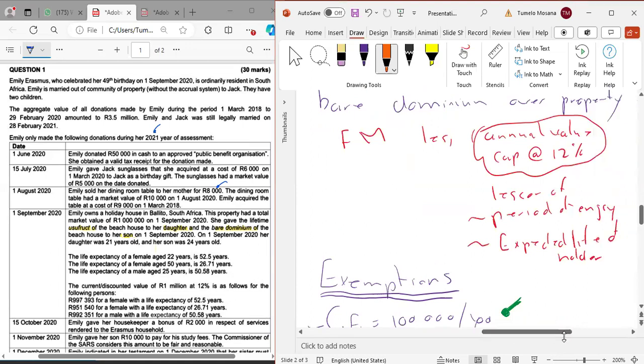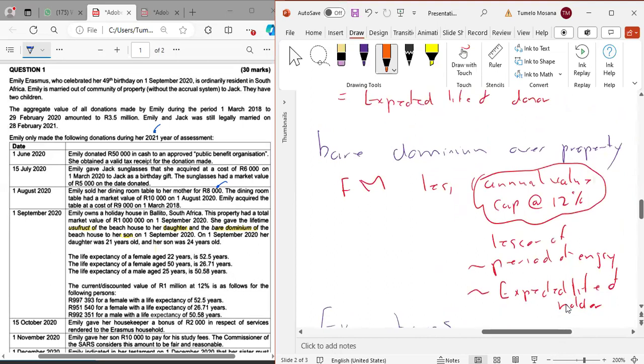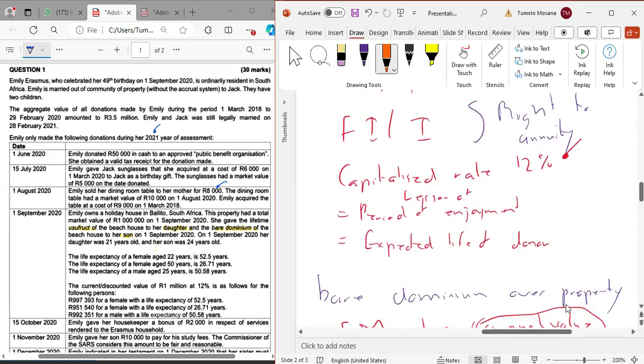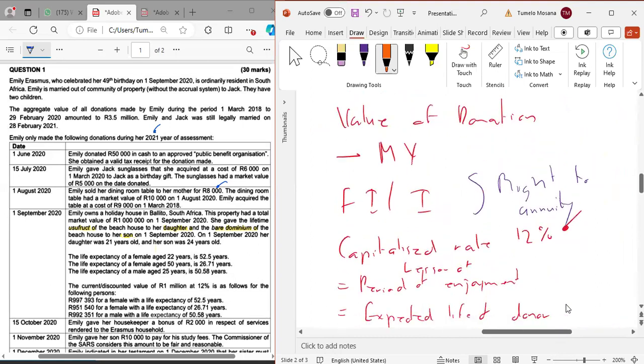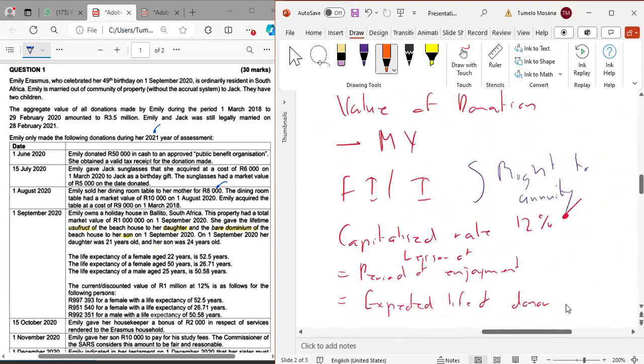So here's the bare dominium, and here's the usufruct. Okay, I know the usufruct. Can we go to the bare dominium? Because I know it's a lot of enjoyment expected.